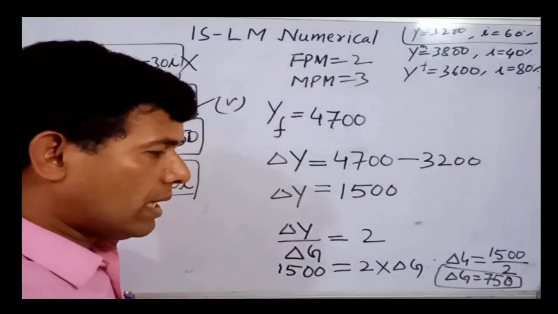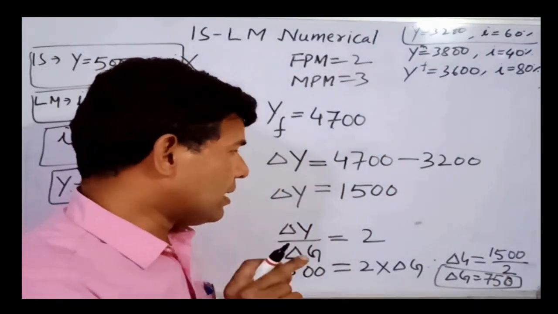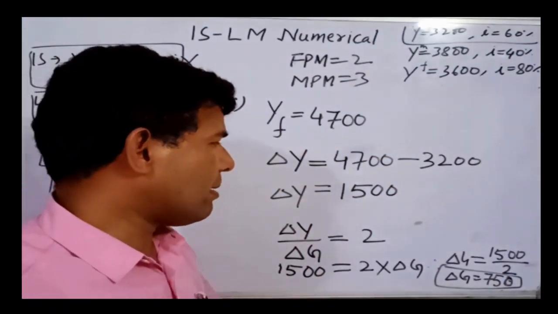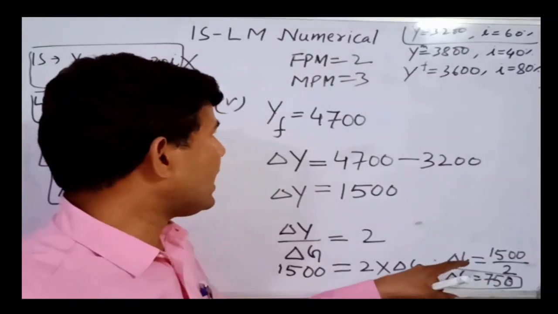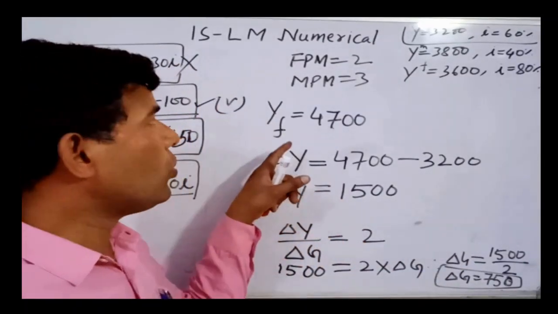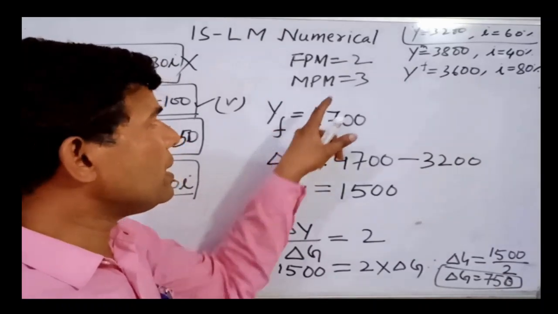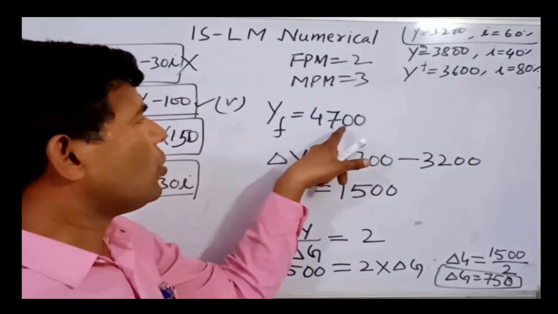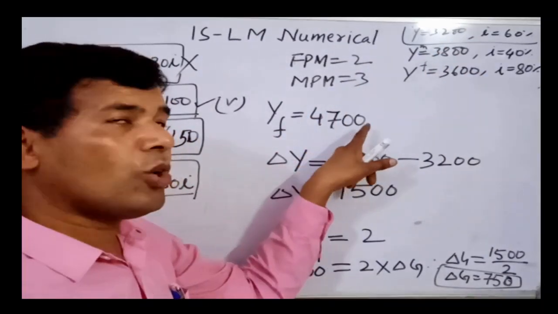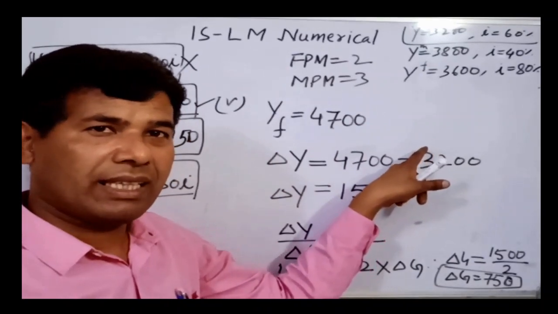So the required increase in government expenditure is 750 to raise the level of output or GDP from 3200 to the full employment level of output 4700.